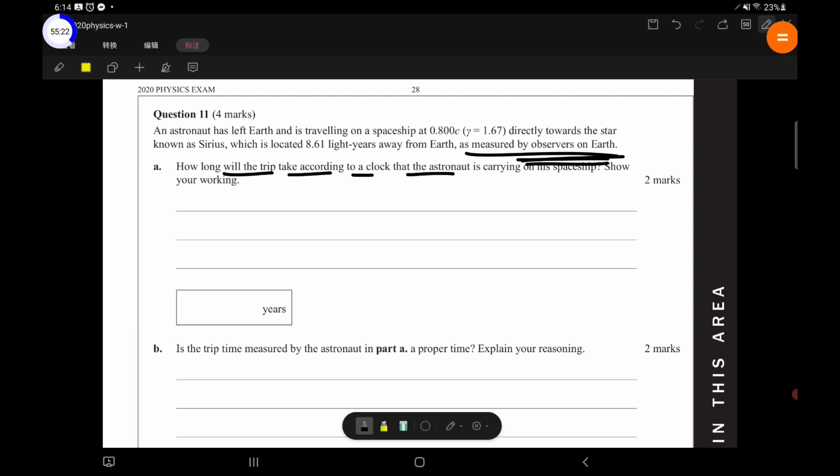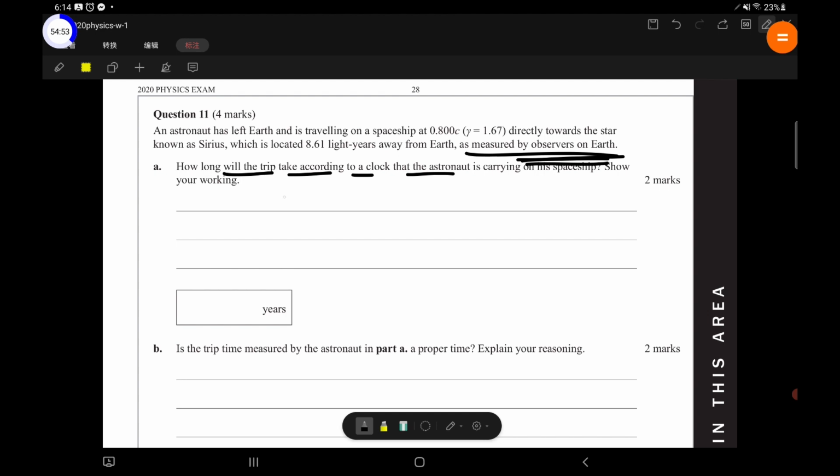Okay, so let's have a think about this. Is this proper time or dilated time? That's the first question that we have. This will be proper time because the astronaut is himself stationary in his own spaceship. So he's going to be measuring proper time. That's why it's called proper, because that's from his own, more authentic perspective, though I don't really like the wording, but that's how you can think about it.